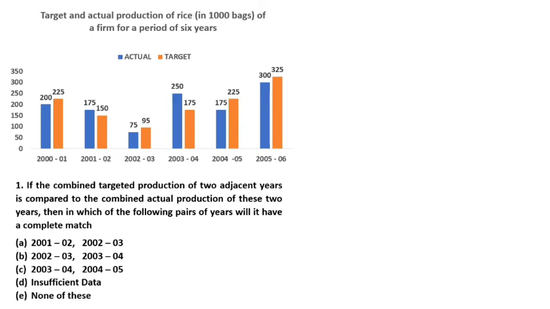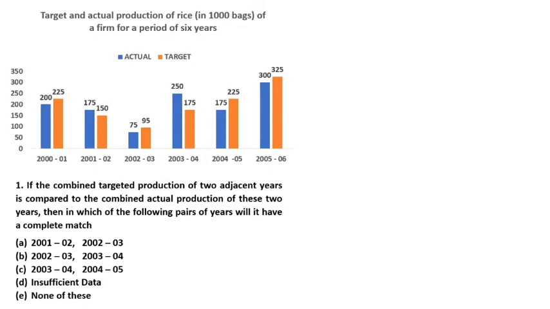If the combined targeted production for 2 adjacent years is compared to the combined actual production of these 2 years, then in which of the following pairs of years will it have a complete match? Many options are given. Understand the question very clearly: the combined targeted production of 2 adjacent years.